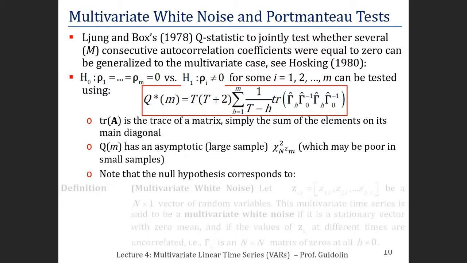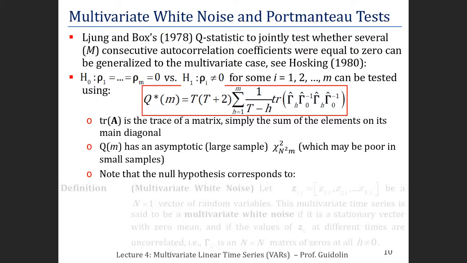Anyway, we don't memorize it. Some software packages do carry these statistics, like Stata, I think, has it. And when you find it, it's called the Hosking test or the multivariate Ljung-Box test. Once you do the calculation of the statistic, you can show that it is distributed according to a chi-square, where the number of degrees of freedom is not just m, as it used to be in lecture 3. It is now n squared times m, so it has a much higher number of degrees of freedom, but otherwise it works in the same way.